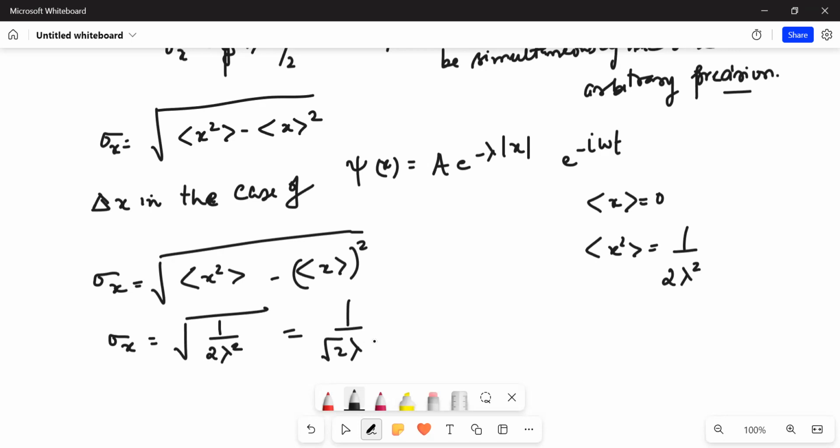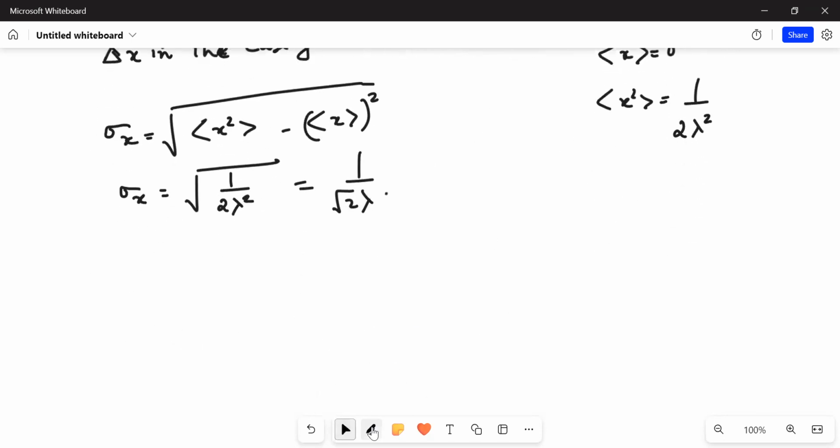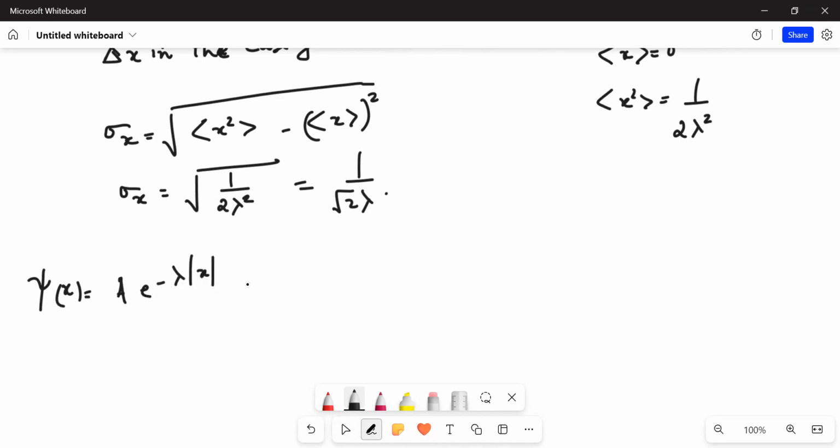Okay, I'm not delving in detail, but till now we've seen one wave function psi of x, which was equal to a e to the power minus lambda modulus of x e to the power minus iota omega t. We found the normalization constant, a, was coming out to be root over lambda.